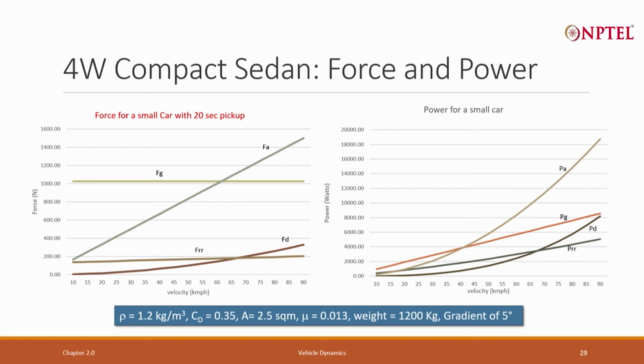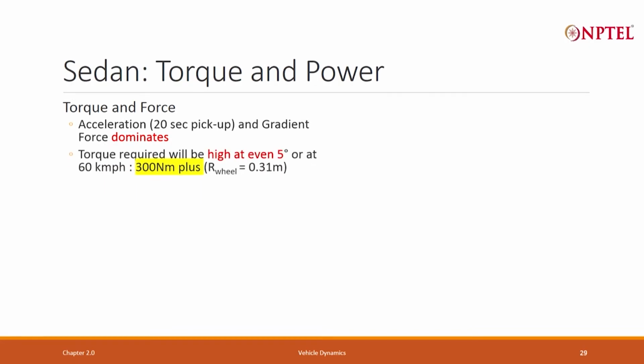So, for the torque that you require at a 5 degree slope at 60 kilometers per hour, when I have computed, it is 300 Newton meter. With a force of 1000 newtons and a radius of about 0.3 meters, it is about 300 Newton meter. So, you have to choose the appropriate gear ratio to get 300 Newton meter.